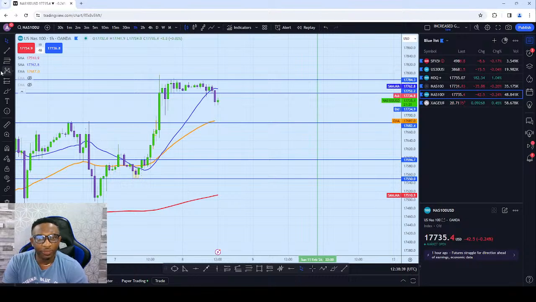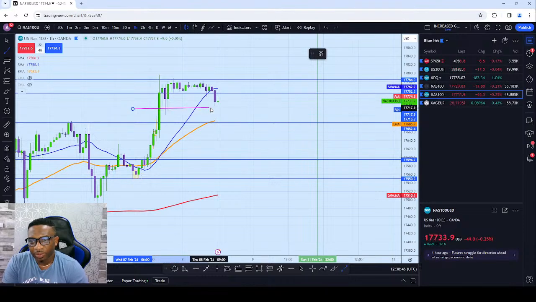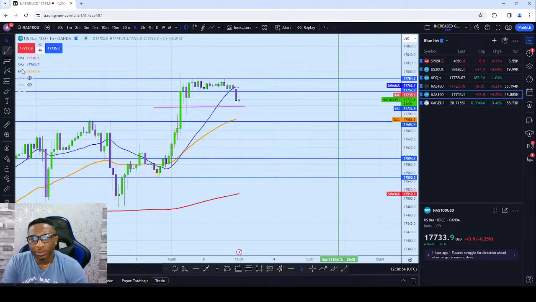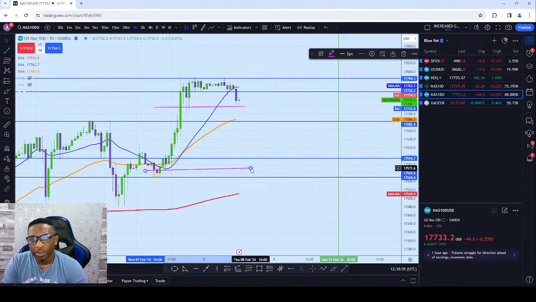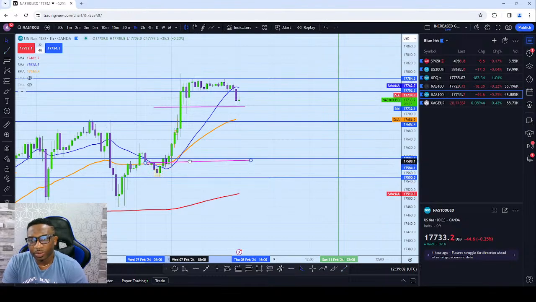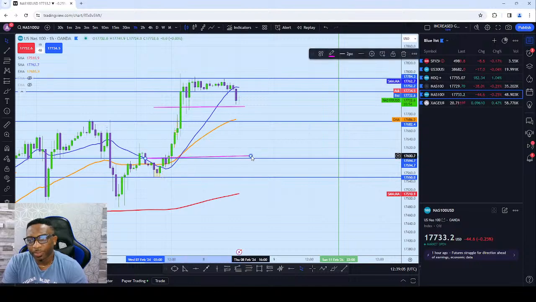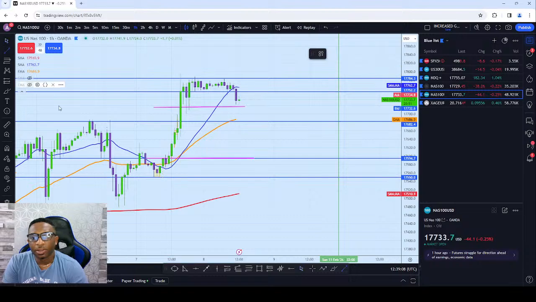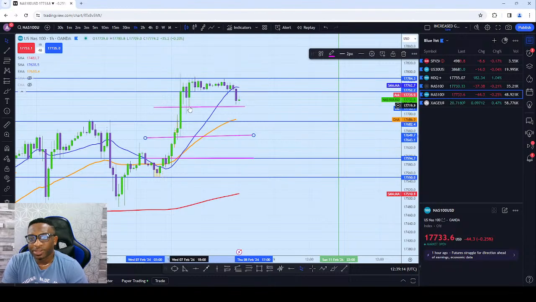If this blue line is the middle of it, I will find the 1/3 area. So this is the halfway, and then I divide where it started from, this area. Let's say it's from here. Then I will divide this area as well. So now price is just at the upper part of the move.